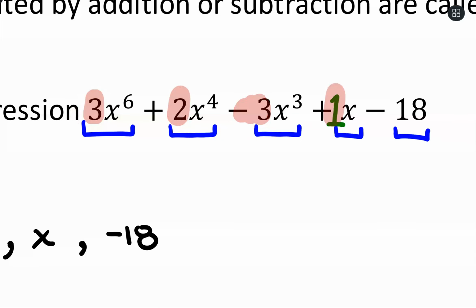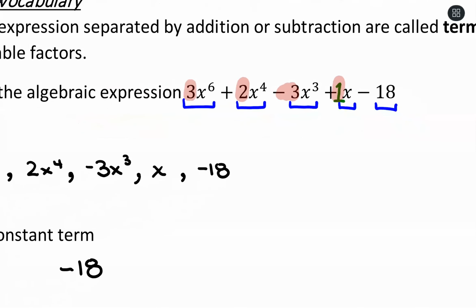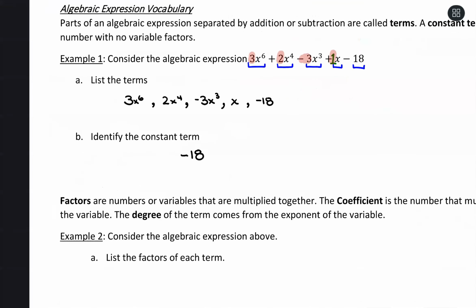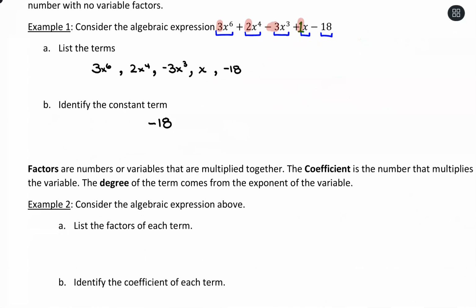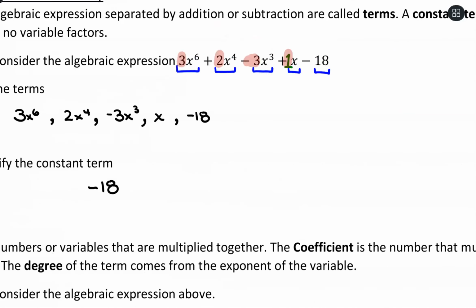They're sometimes called the numerical coefficient for each term. So again, if it's subtraction out front, we're going to have that negative attached to it. So that would be part of our coefficient. The degree of the term comes from the exponent value for the variable.